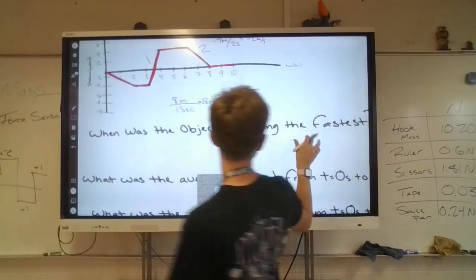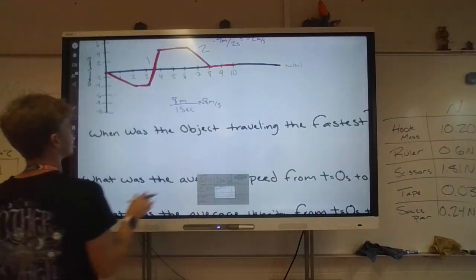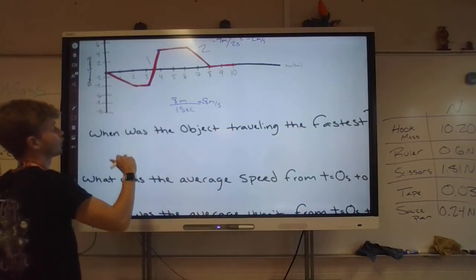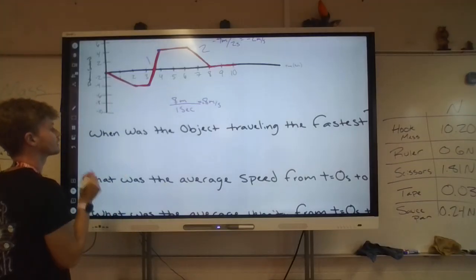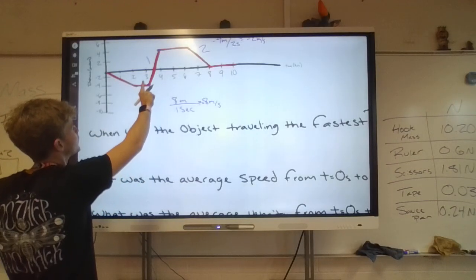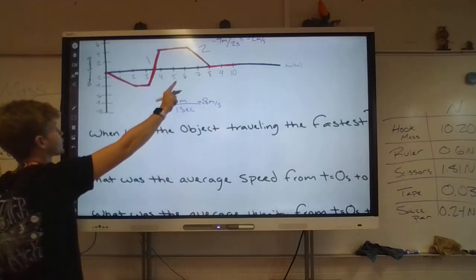So when was the object traveling the fastest? Okay, if I label this region 1, you could say region 1, but I'm going to specifically say the time frame. From 3 seconds to 4 seconds, that's when the object was traveling the fastest.